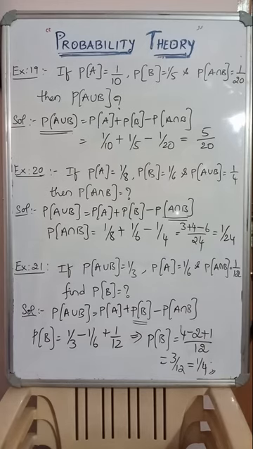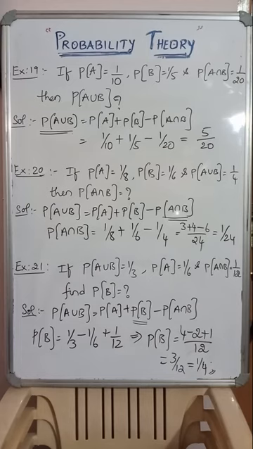But in case of non-exclusive events, that common element has to be found and substituted in the formula. So both formulas are there. P of A union B equals P of A plus P of B when disjoint, I mean mutually exclusive, events are there. Non-mutually exclusive means P of A union B equals P of A plus P of B minus P of A intersection B.